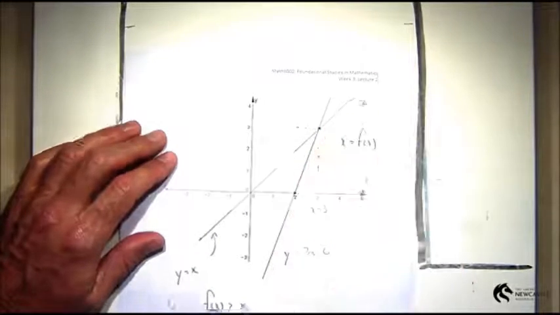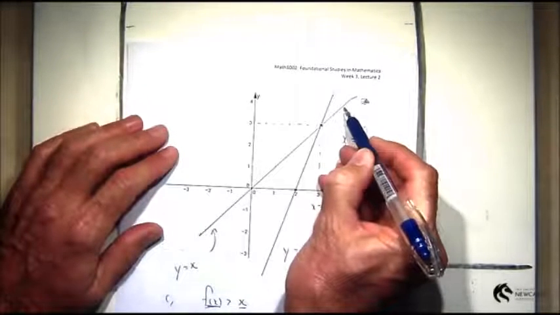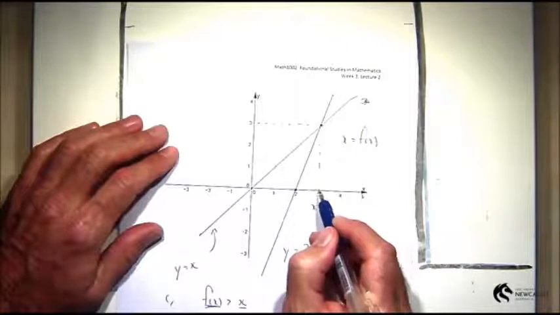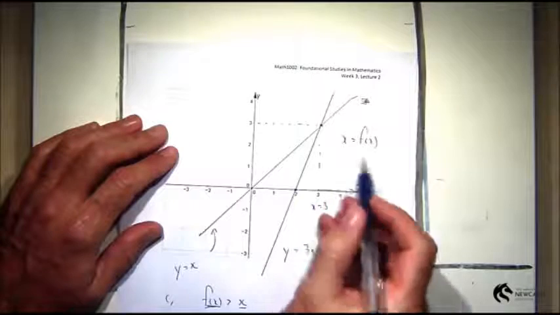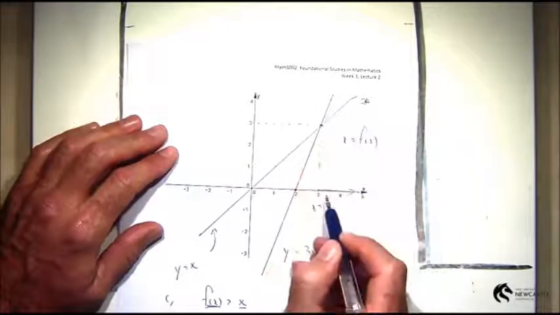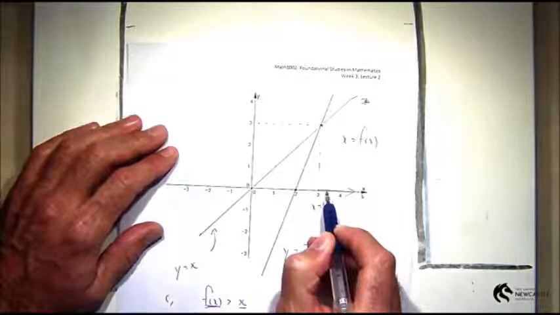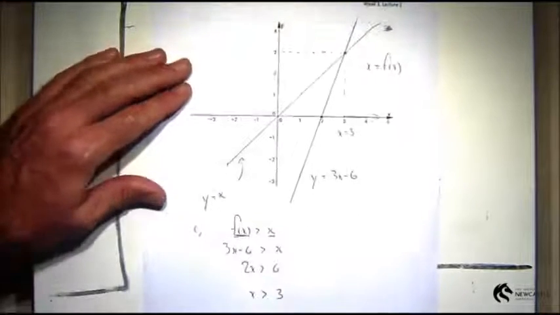So the set of x values where the graph of f(x) is above the graph of y = x is these values of x out here. Alternatively, you can think of it for these points out here, that the value of f(x) is greater than the x value. That's another way of thinking of it. But I'll leave it there.